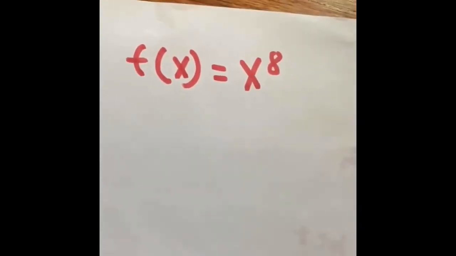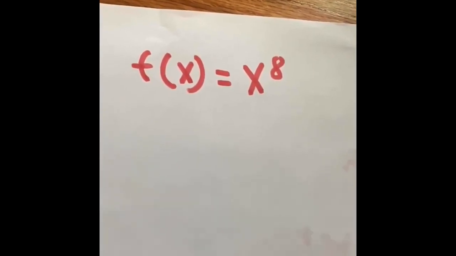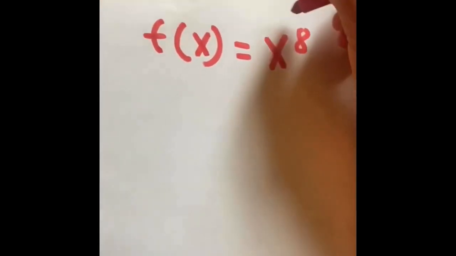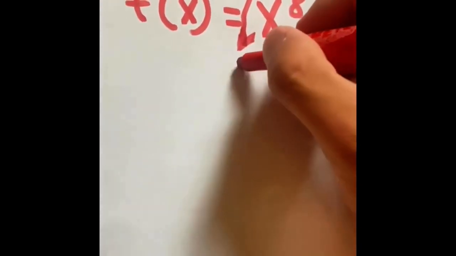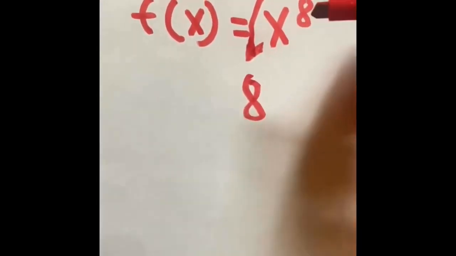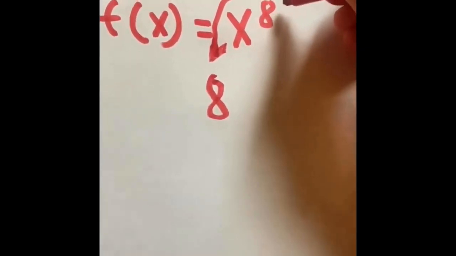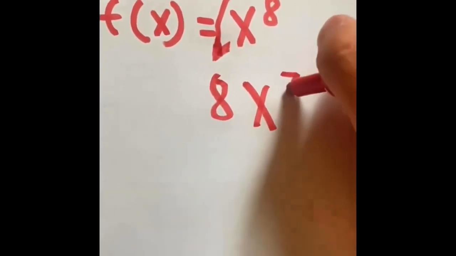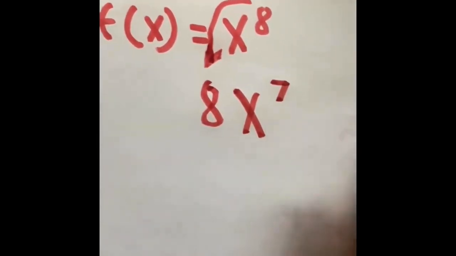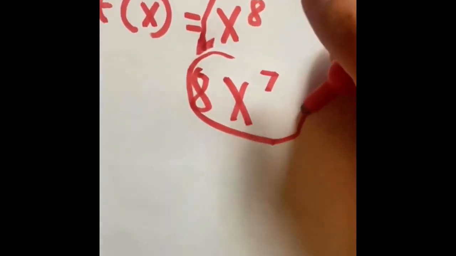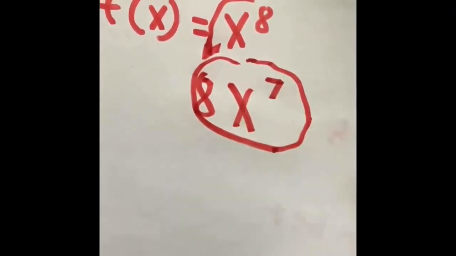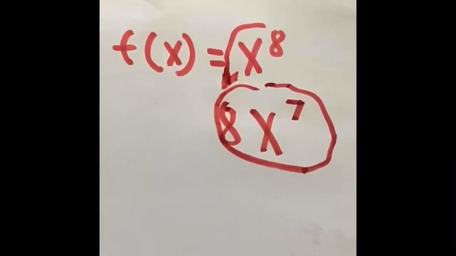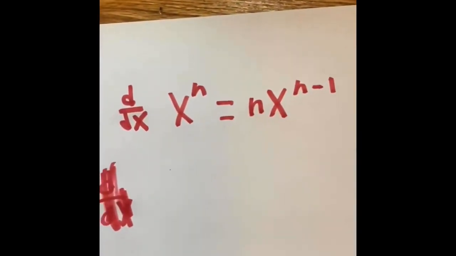We have f of x equals x to the power of 8. We move that 8 down and put it right here in front as 8. But we have to bring the exponent down by 1 level, so we have 8x to the 7th power instead. This is the derivative of x to the power of 8. What we just did is plug it into the formula.